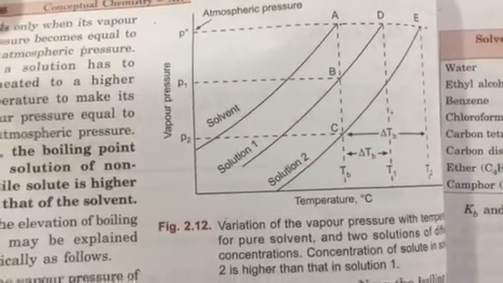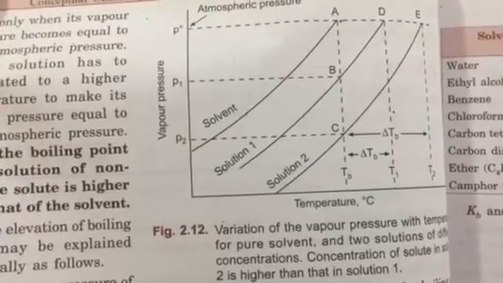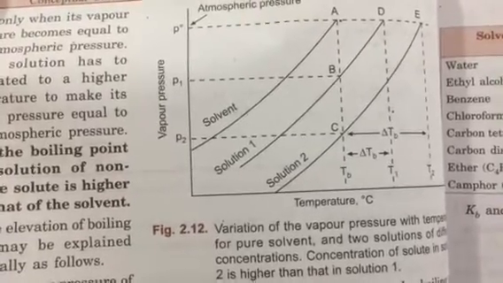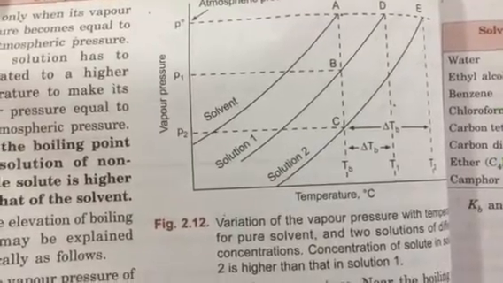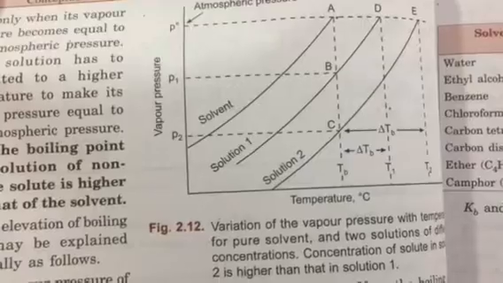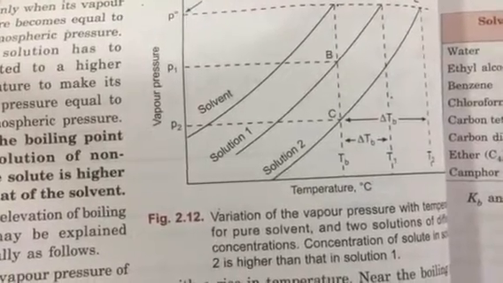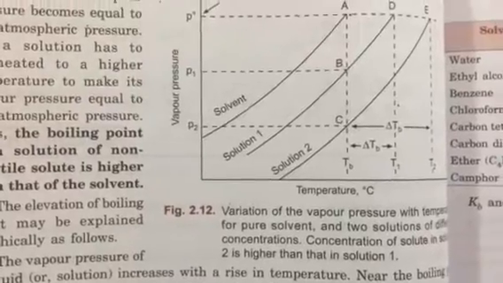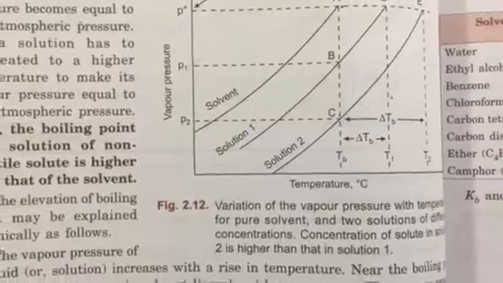Kindly see clearly: if it's a pure solvent, for example water, the graph between vapor pressure and temperature is the curve A. But if you add some solute into it and prepare a solution 1, then its vapor pressure decreases, but at the same time there is an elevation in boiling point, which is the increase in boiling point of the solution.